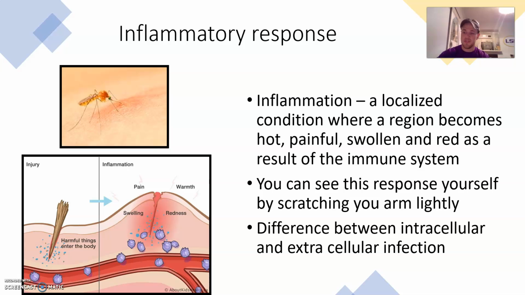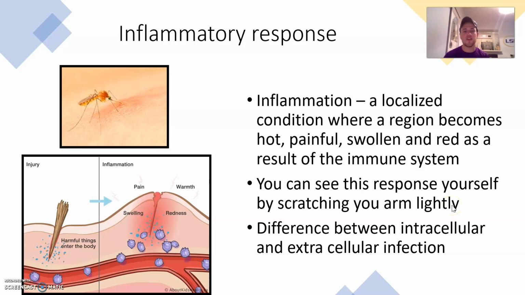All right, I'm not liable for any stuff, blah blah blah. But yeah, that's your inflammatory response. So you can see this yourself, and it's a cool little trick you can do. And that's your immune system reacting to your scratch.